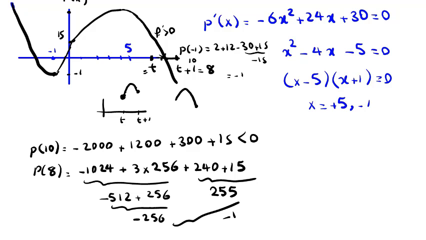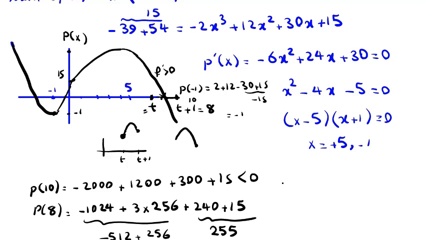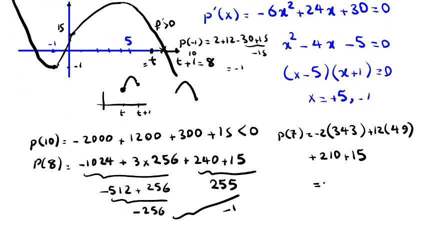So let's check also 7 to make sure. P of 7 is negative 2 times 7 cubed, which will be 343, because 7 times 49 is this, plus 12 times 49, plus 30 times 7, which will be 210, plus 15. So if we calculate this number, it will be negative 686 plus this number.